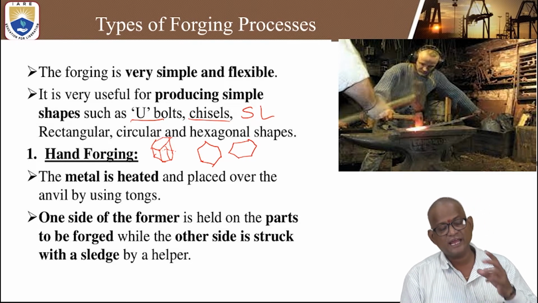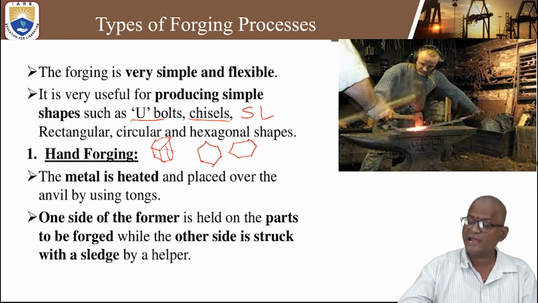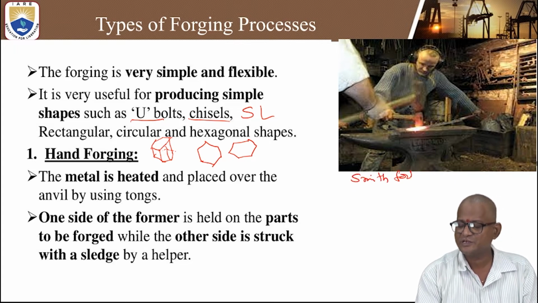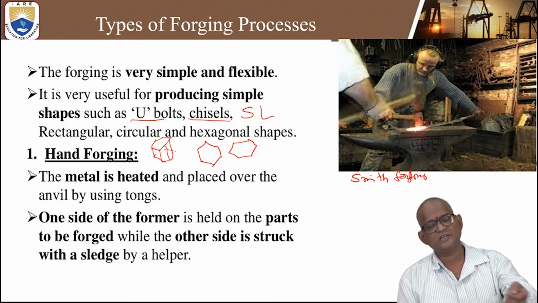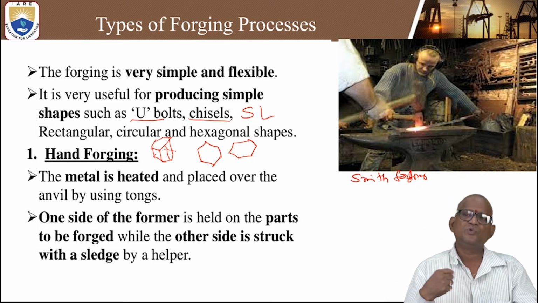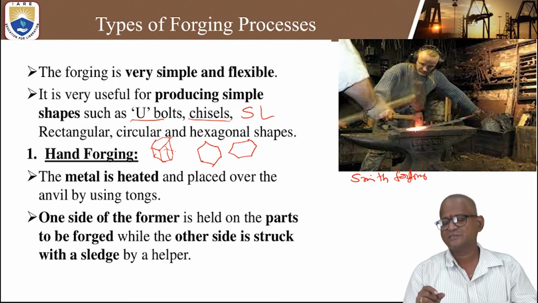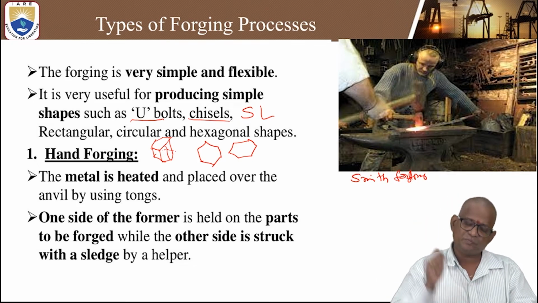Coming to the hand forging process, this is also called smith forging. In all the villages, they follow this simple process, smith forging. There is a workman or foreman who heats the raw material and applies blows so that pressure is obtained. Once the red heated color temperature is achieved, you immediately take the workpiece and apply the pressure.